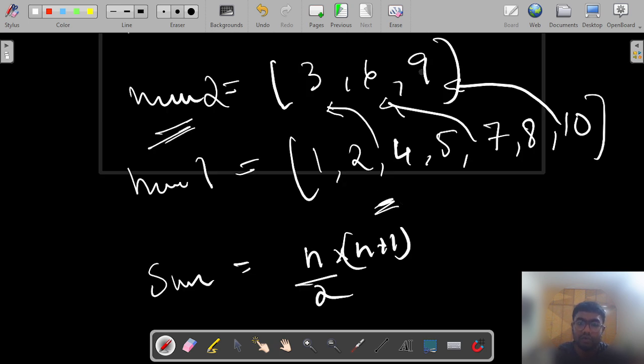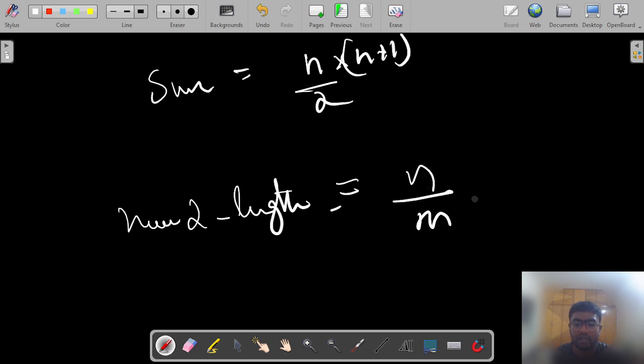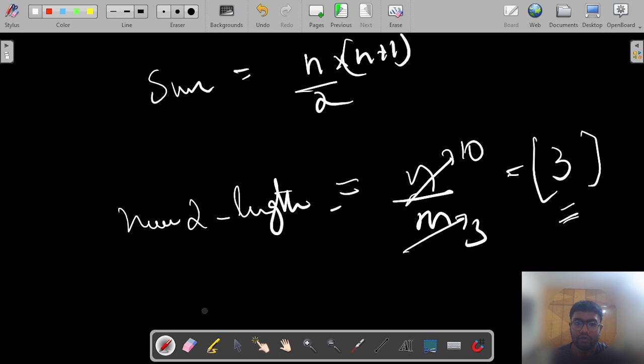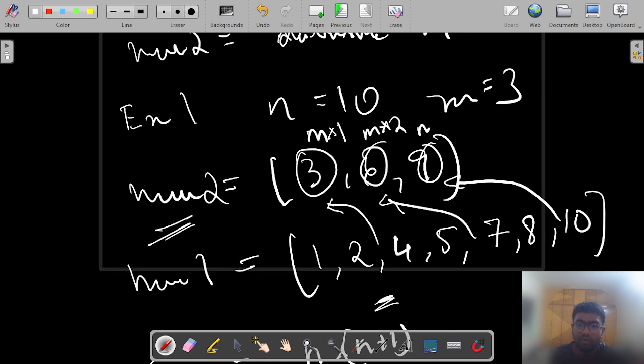If we see nums2, its length would be n by m. Let's say we had the number 10 and this is 3. So this would give us 3 numbers in nums2. If we look at each value in this nums2, it is m into 1, m into 2, m into 3.